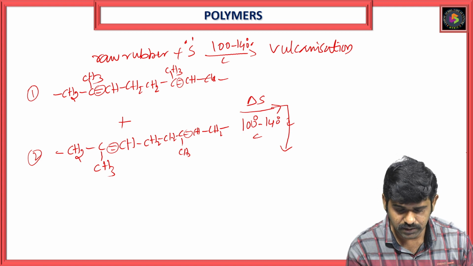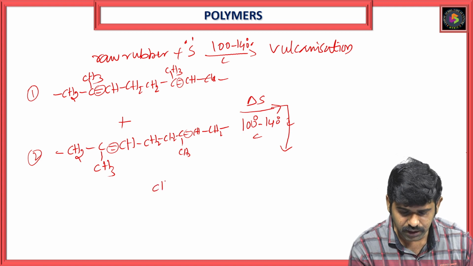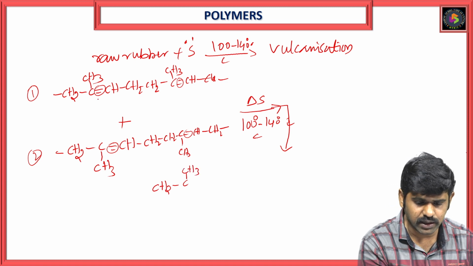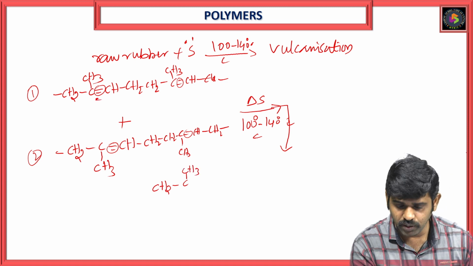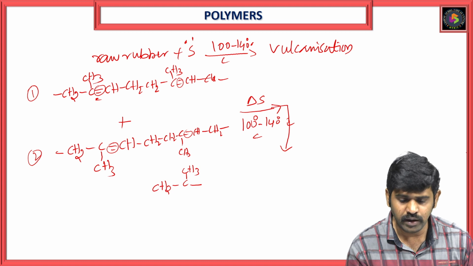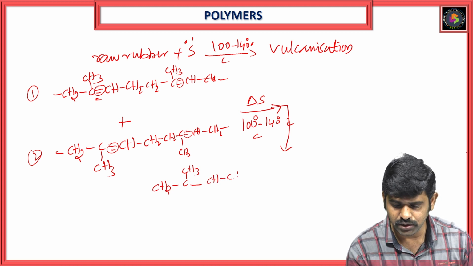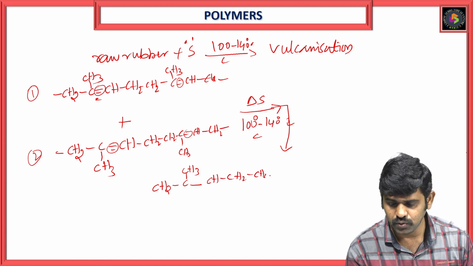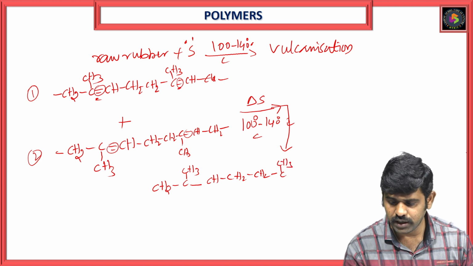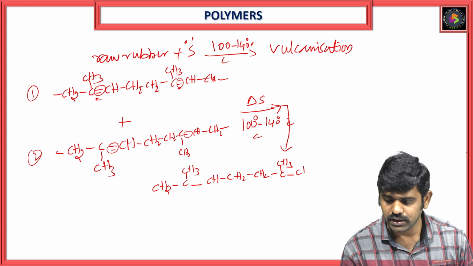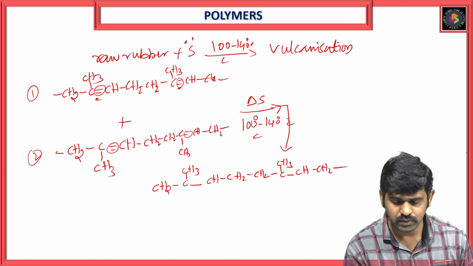So CH2, CH3, and instead of double bond, what should I write here? Single bond, CH2 and so on.